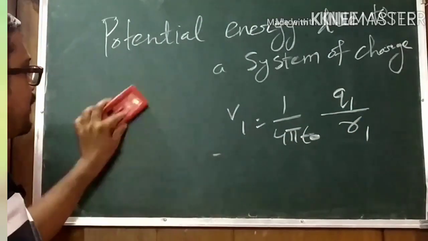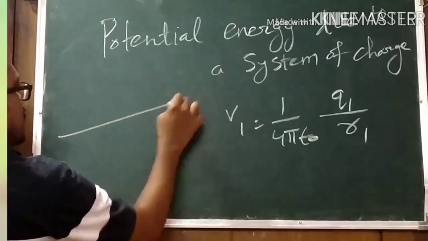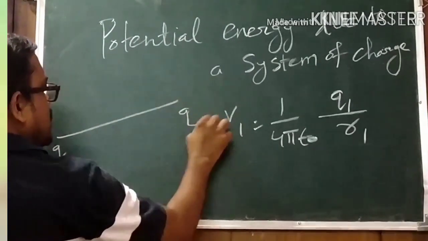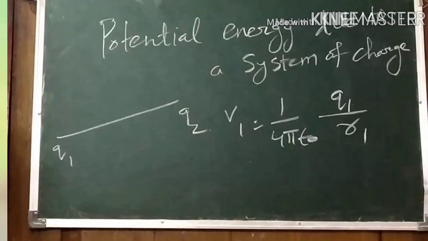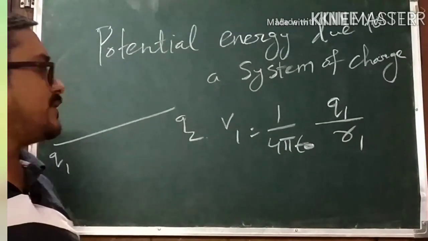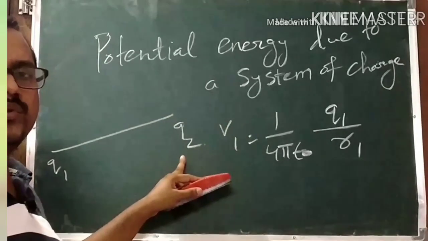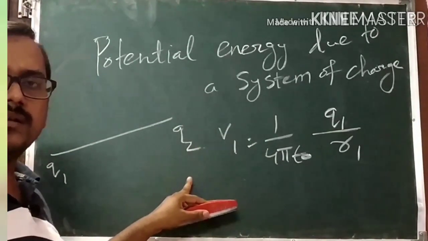Now suppose these are the two charges Q1 and Q2. Let us consider Q2 is another charge, and we are bringing the charge Q2 from infinity to the position R2.